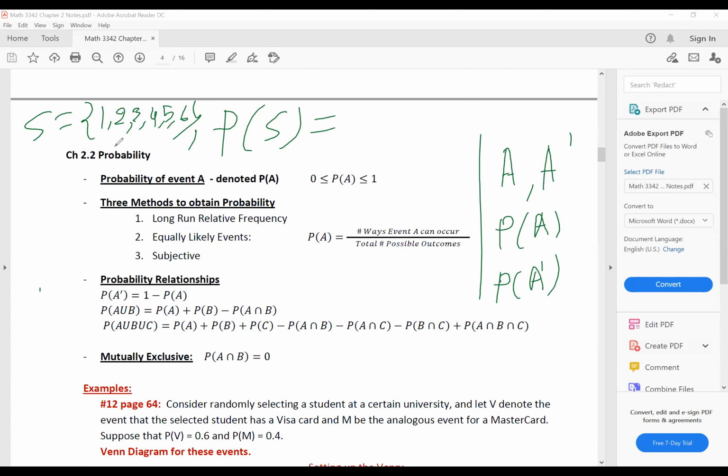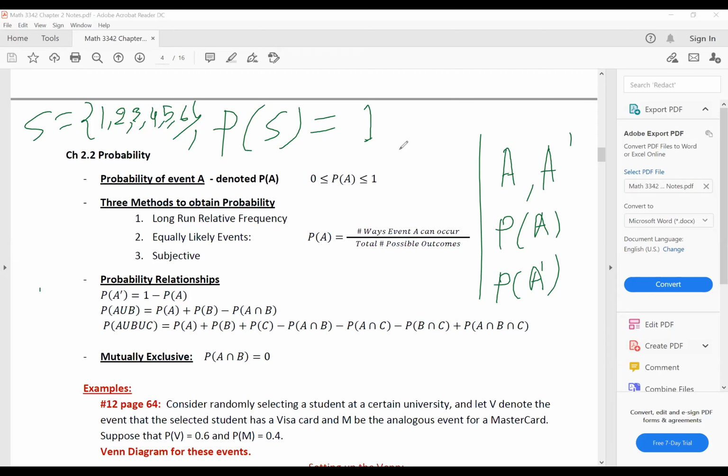So it is certain that among the 6 numbers, 1 number will appear, right? It is certain. So that's why the probability of the sample space is always 1, because you are considering all the outcomes in this event, right? So this is called the total probability. So this is always 1. So the probability of S is always 1.